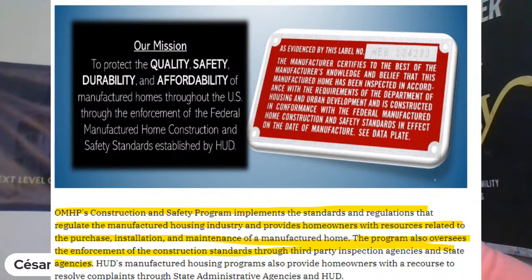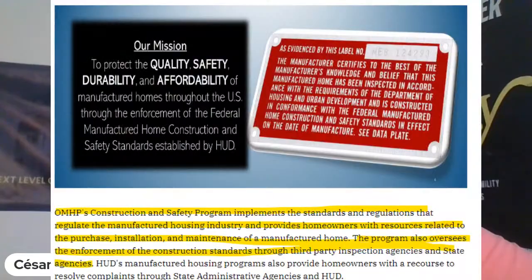It also oversees enforcement, right, of the construction standards through a third party. So that's why you hear that at the factory, there's a team that comes in, they inspect the homes to make sure that they meet that HUD code, and then they slap that red tag on your home.